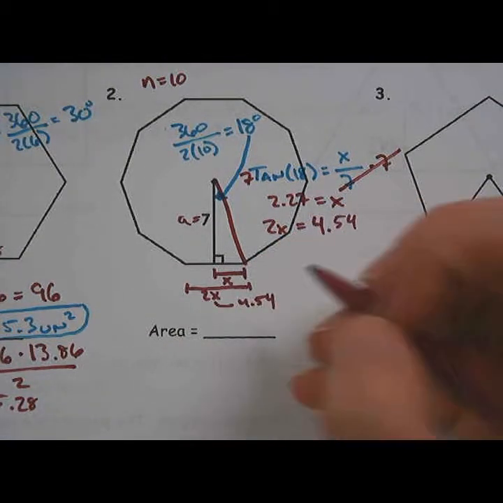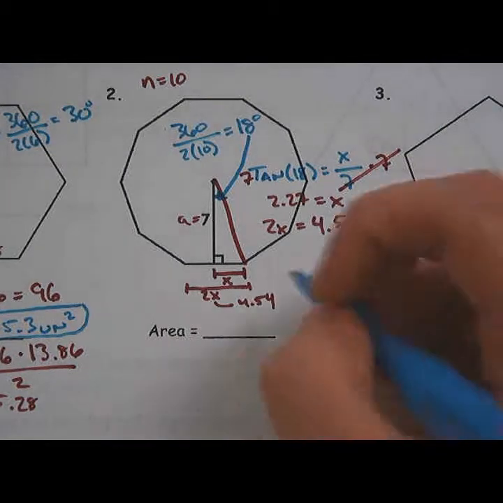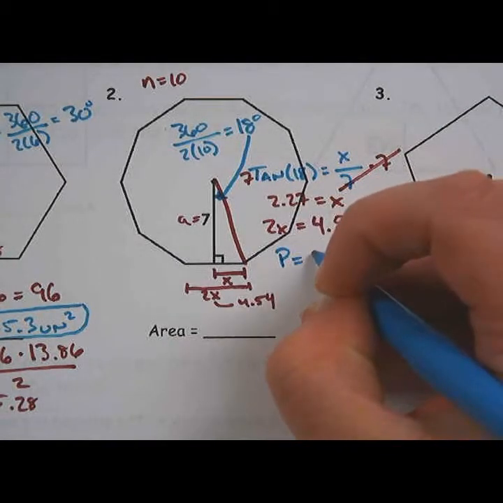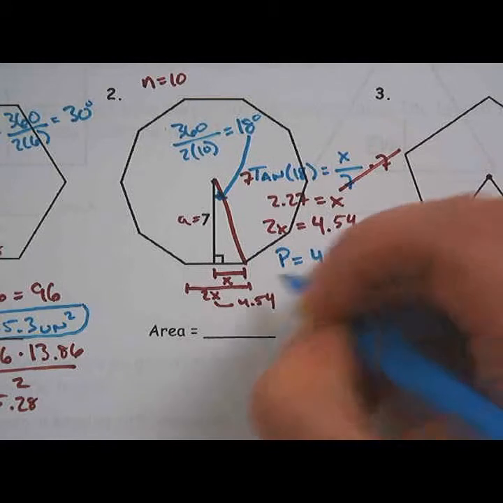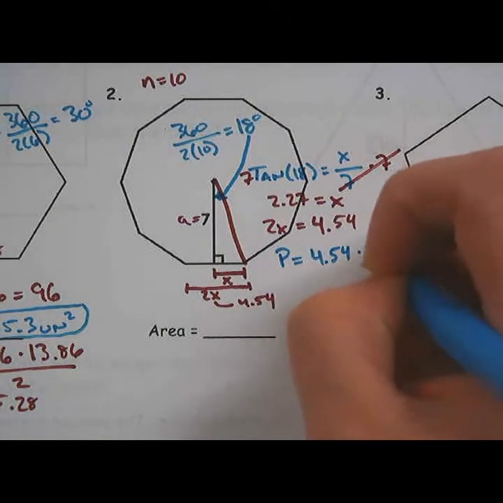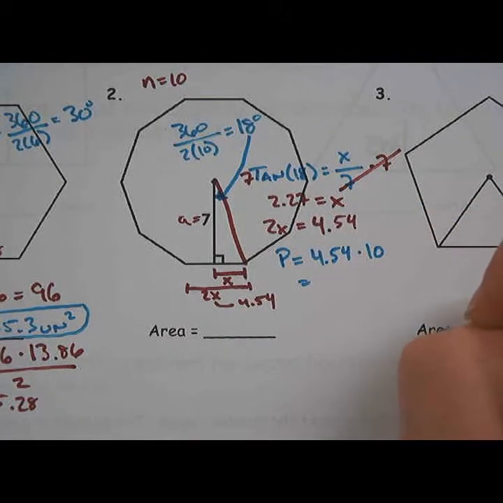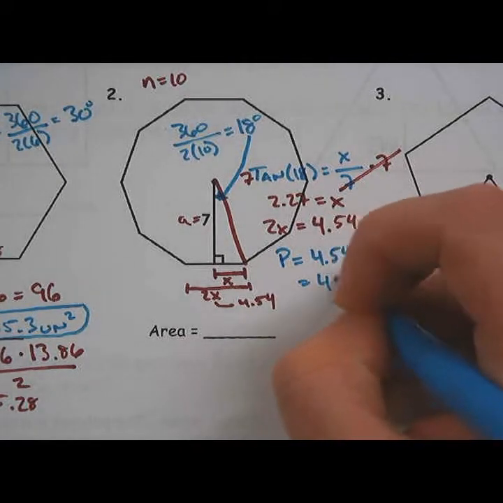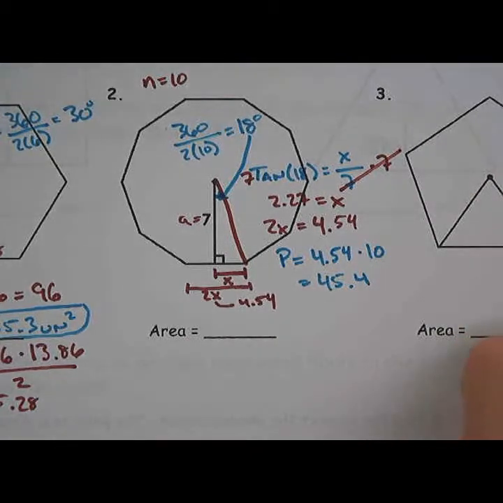Okay. So if I want to find the perimeter, perimeter is just 4.54, that one side, times the number of sides we have, which is 10. So times 10, which gives me 45.4.